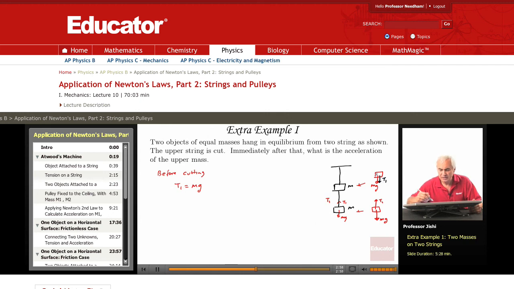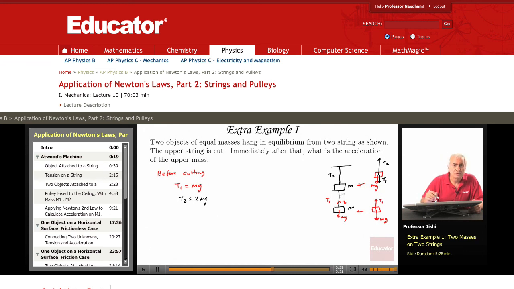And I have T2, the tension here, T2 up. So T2 must be equal to twice mg. T1 is mg, and another mg, so I have 2 mg down, T2 is 2 mg. So T2 would be 2 mg. This is the situation before cutting.